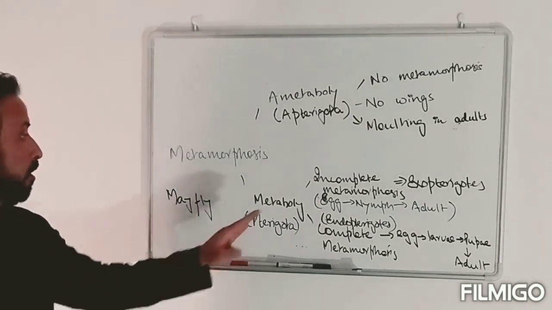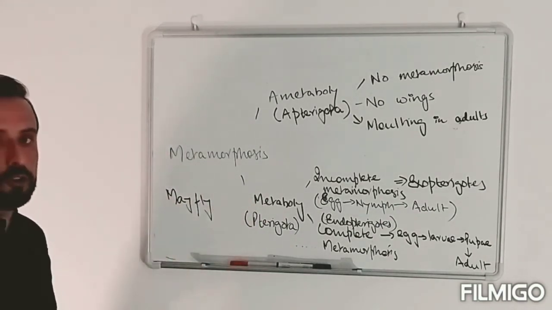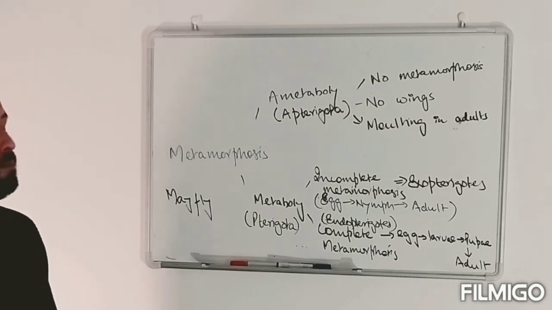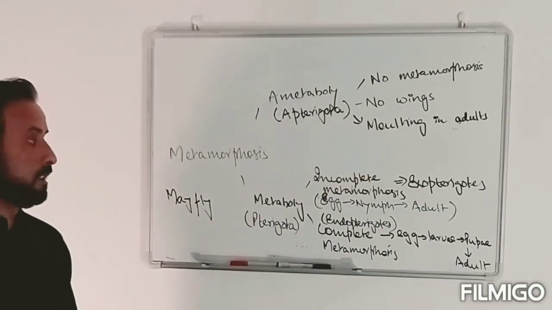Mayfly is an example of a metabolic insect which shows complete metamorphosis, but it also shows molting in the adult stages.